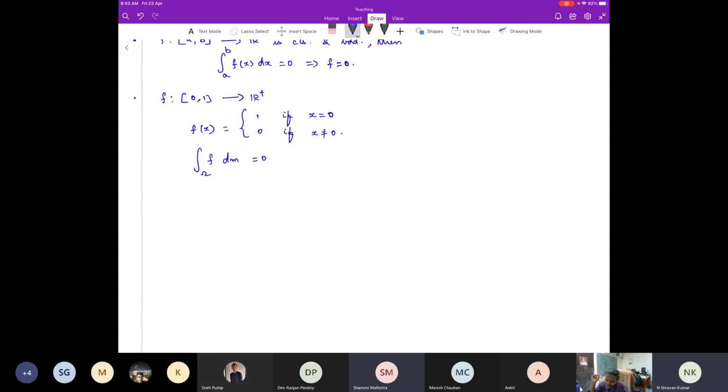I can write it in canonical form: this is the same as the integral over omega of f times the characteristic function of (0, 1] plus the characteristic function of the singleton {0}, dm.